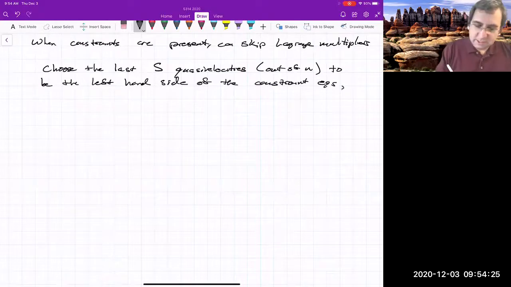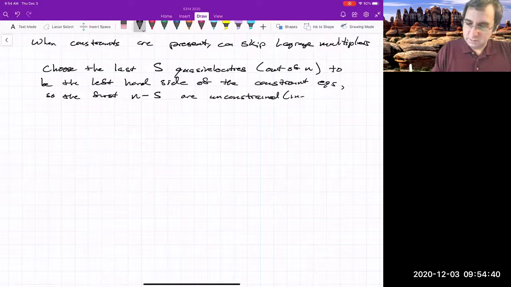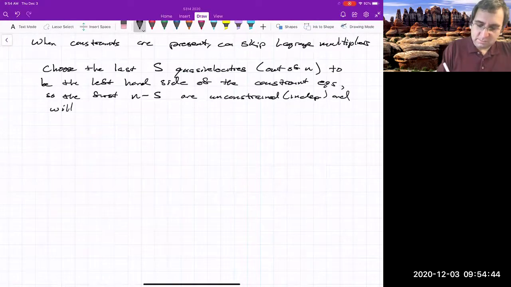And that means the first n minus S are unconstrained. Means they're independent and will give us the dynamics.